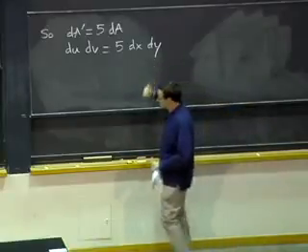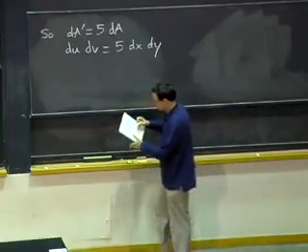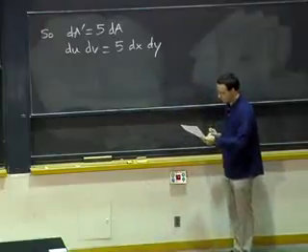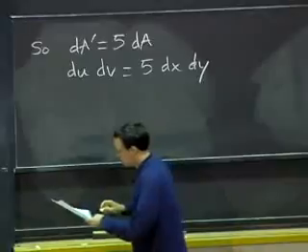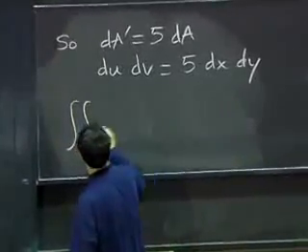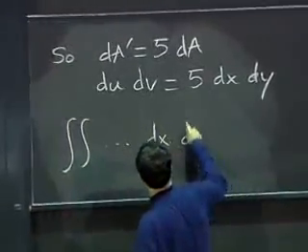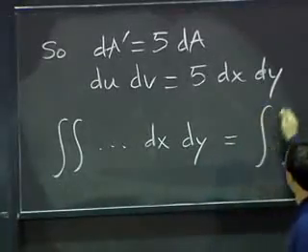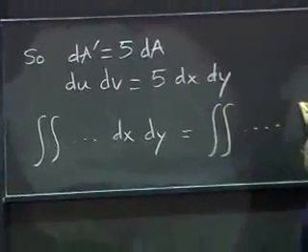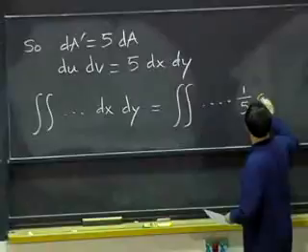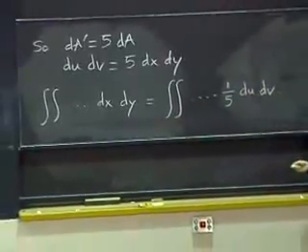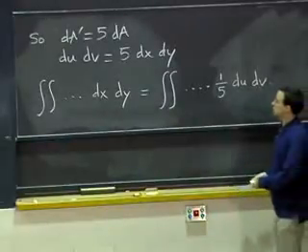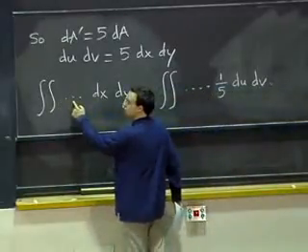So, yeah, we've said our transformation multiplies areas by 5. And so du dv is 5 times dx dy. So if I'm integrating some function dx dy, then when I switch to UV coordinates, I will have to replace that by 1/5 du dv. Okay? And of course, here my function would probably involve x and y.